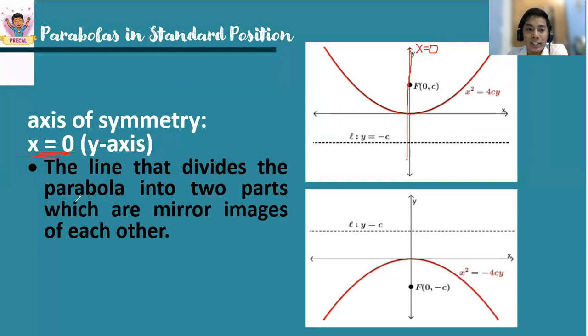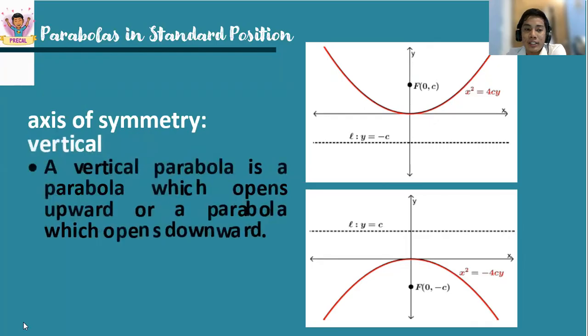So remember that the axis of symmetry is the line that divides the parabola into two parts, which makes them mirror images of each other. For every point on the parabola, there is an exact mirror point on the other side. Always remember that. And that is because of the axis of symmetry.